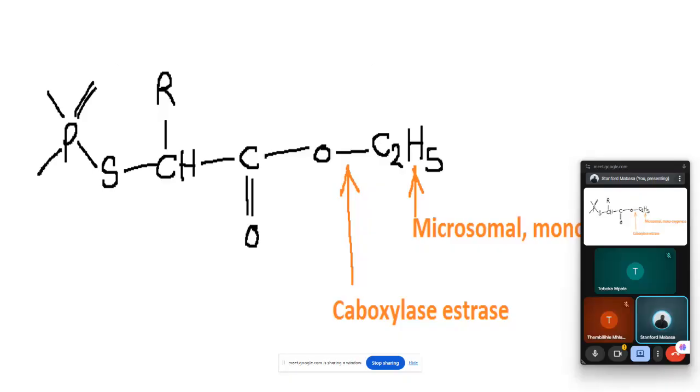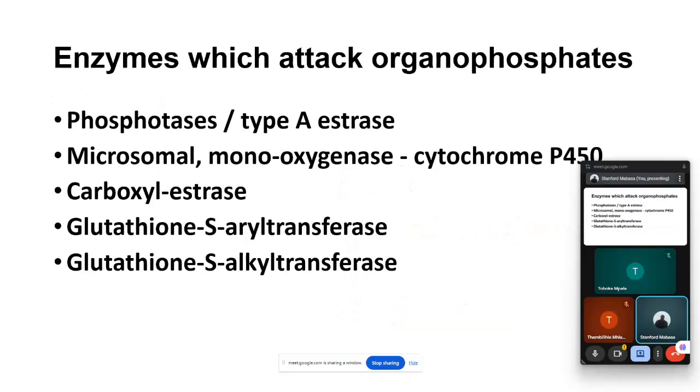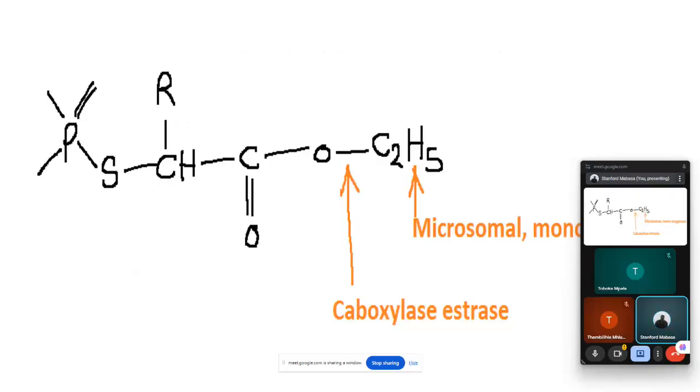Now on that structure, the last one, where we have C2H5, that one can be affected by microsomal monooxygenase, right? Which is cytochrome P450. If you want, you can just say cytochrome P450 affects that area.